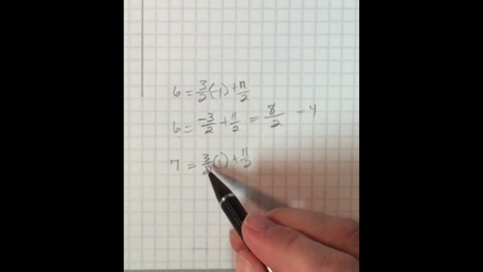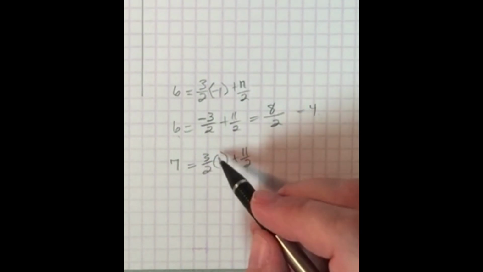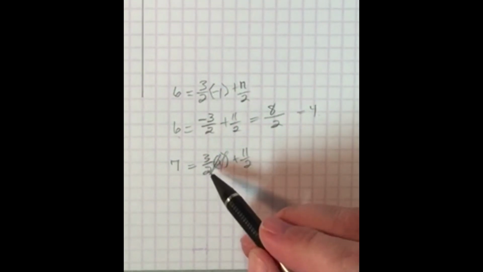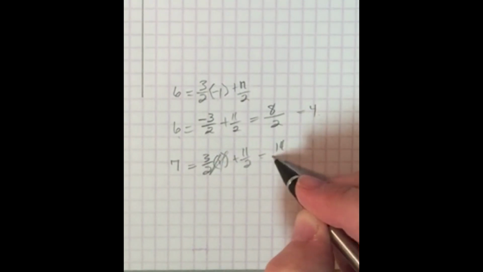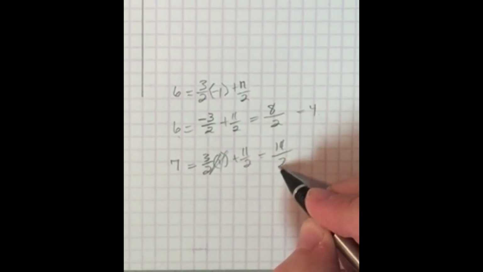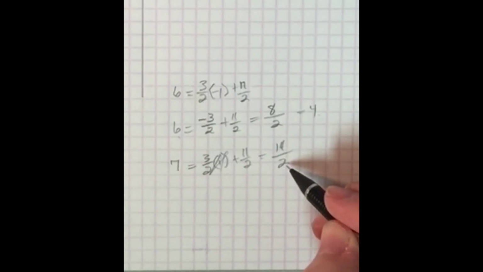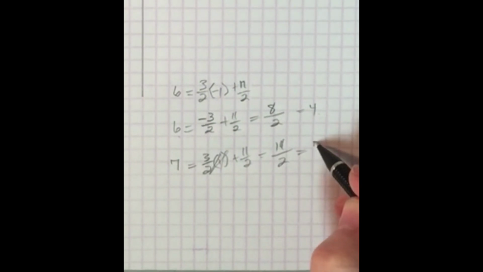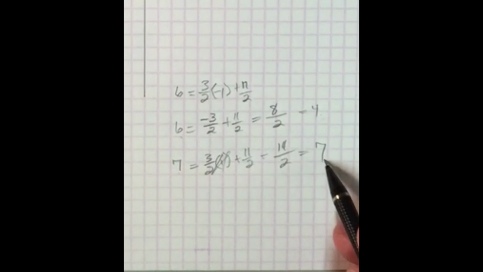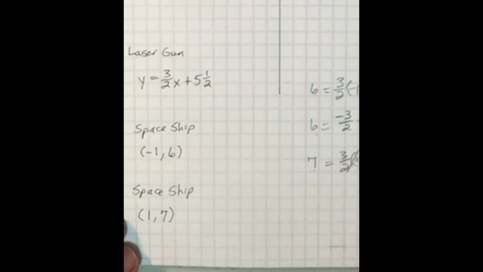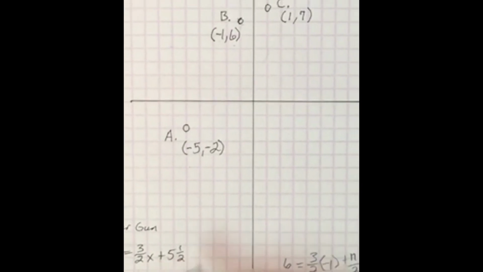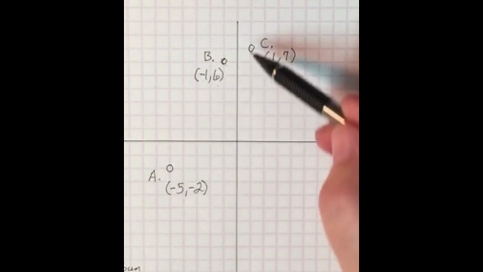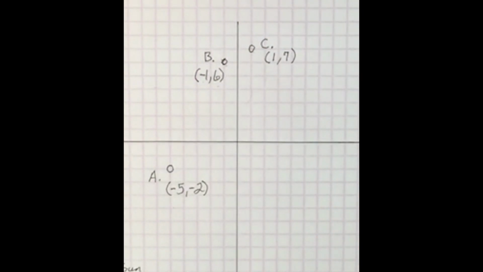So times a 1 is going to equal just what it is, so we can just scratch that out right there and go straight into 3 plus 11 equals 14, and carry the 2 along over there, so we got 14/2, and that equals 7, and so 7 equals 7. So this is a true statement. This point right here is true for this equation. That means that when we fire the laser, C is going to go bye-bye.